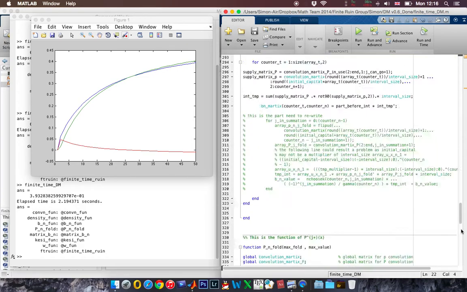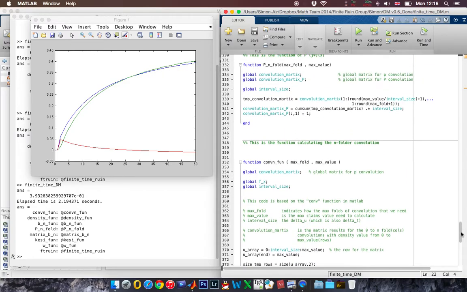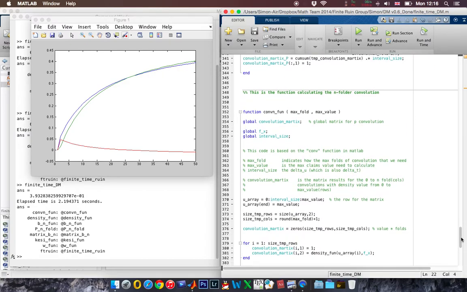That is to say, the rows of this matrix are 0, interval size, 2 times interval size, 3 times interval size, and carrying on until it reaches the max value that you put here.